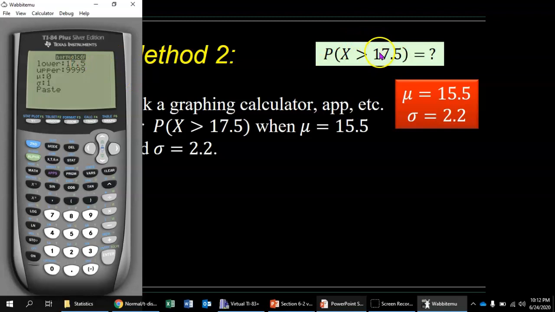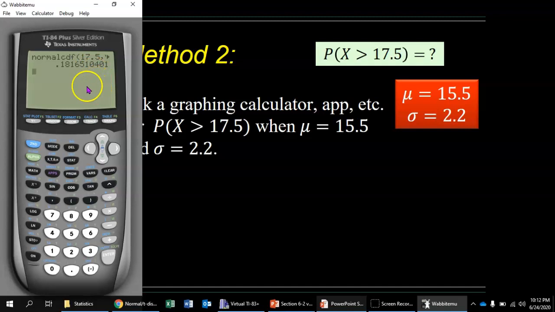So the lower limit for these flowers is 17.5 inches, and the upper limit is practically infinity, but we can just put in some really big number. And then we put in the numbers for the mean, 15.5, and the standard deviation, 2.2. Go down to paste, hit enter again, and we get our answer, 0.181651, and so on.